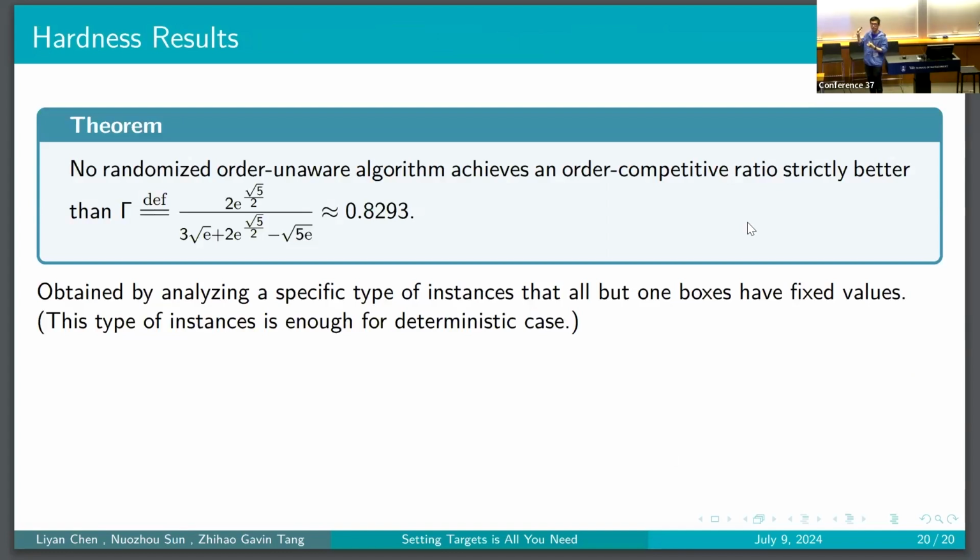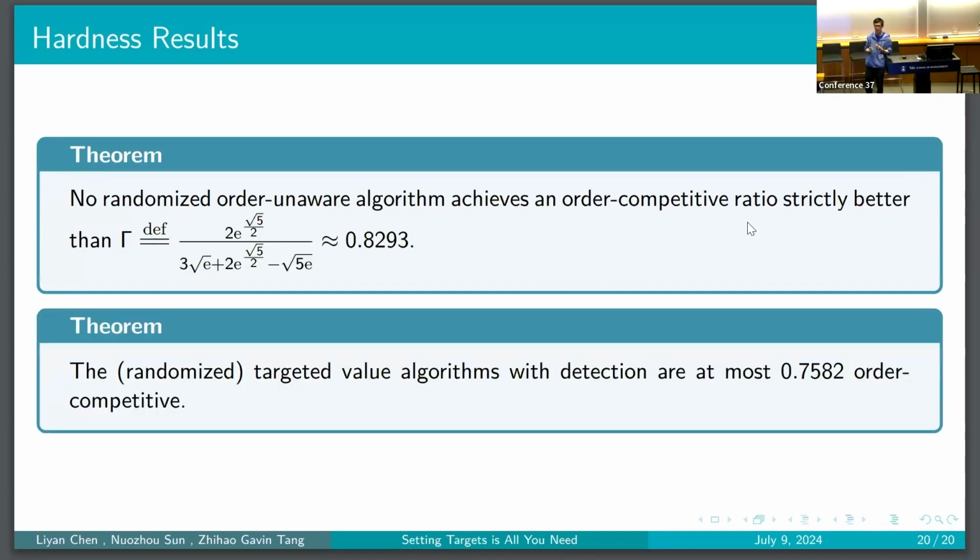And note that this type of instance is in some sense strong because it is enough to construct the worst case for deterministic algorithms. And also we show that our designed algorithm is at most 0.7582 order competitive. And this is all of our results, and thanks for listening.